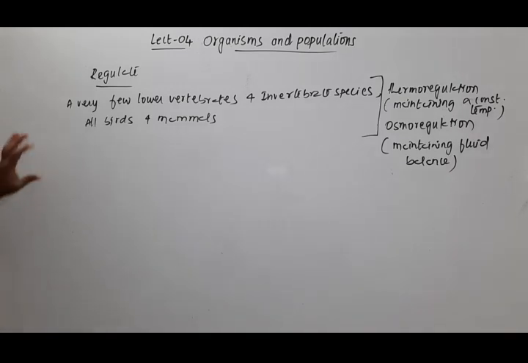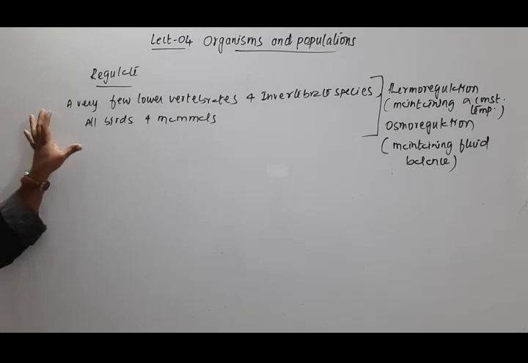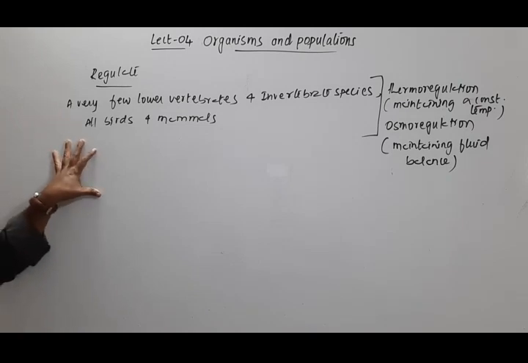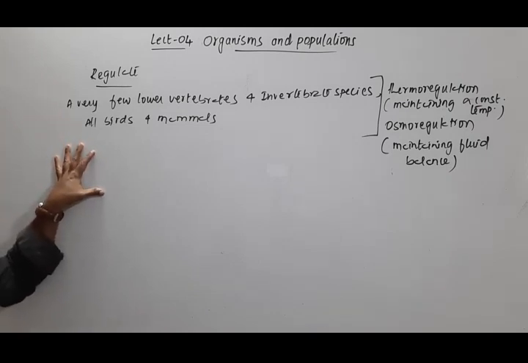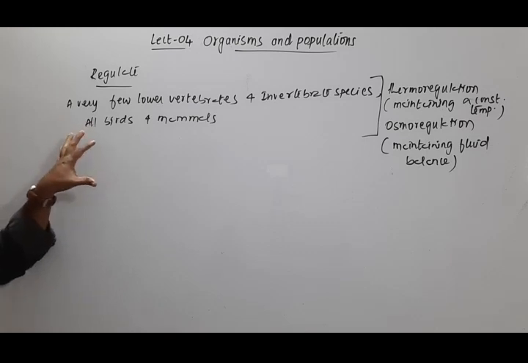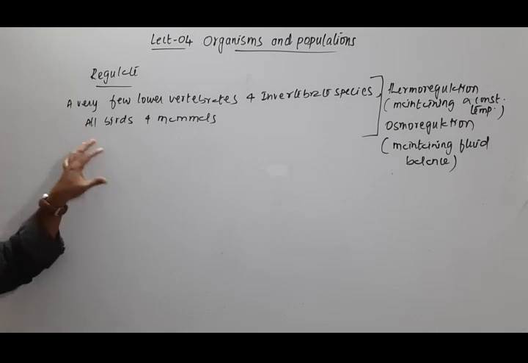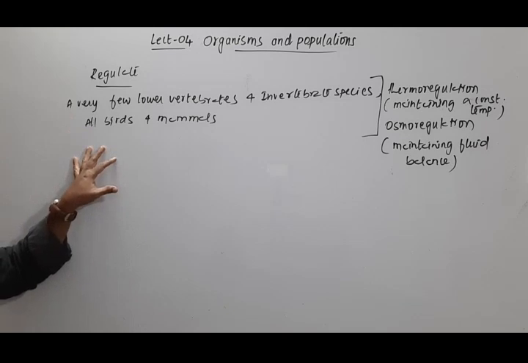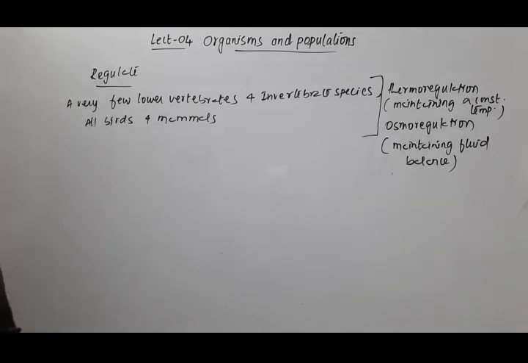So here I have given only the organisms that are able to maintain homeostasis: very few lower vertebrates, invertebrate species, all birds and mammals show homeostasis in terms of thermoregulation and osmoregulation.